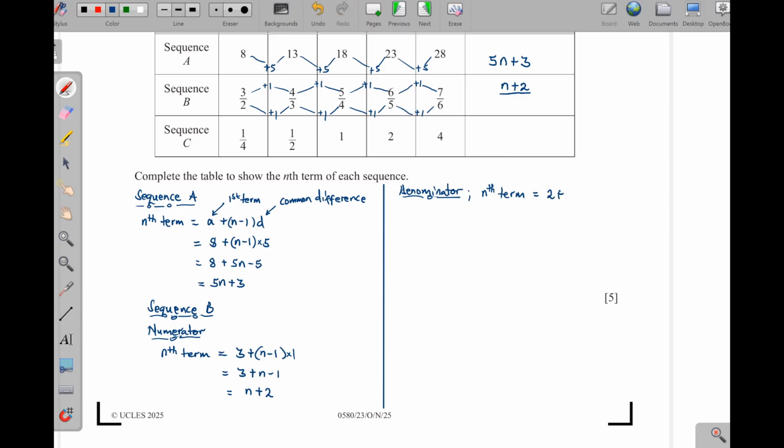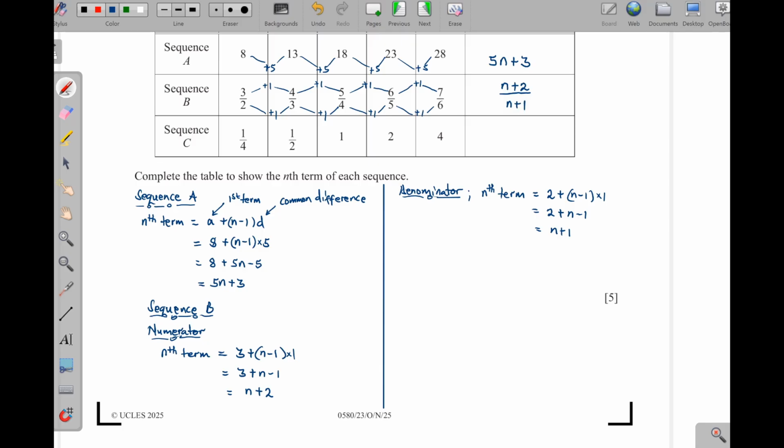Then we have n minus 1. Then our d is also plus 1. So we have 2 plus n minus 1. Okay, n minus 1. Then you get n plus 1. So we have n plus 1, like that.